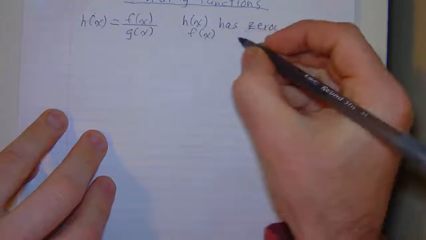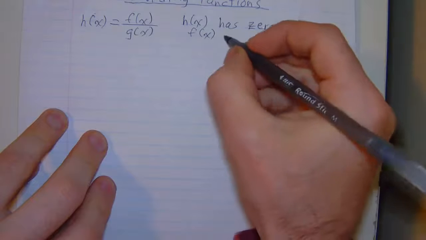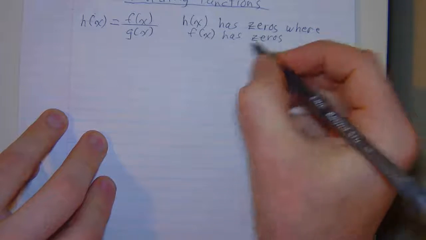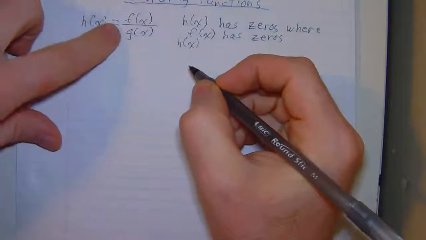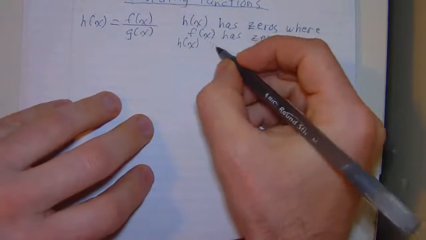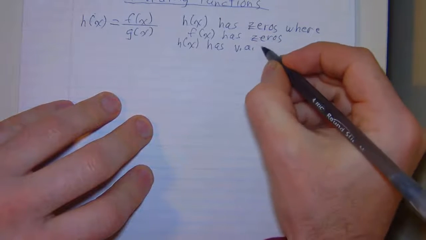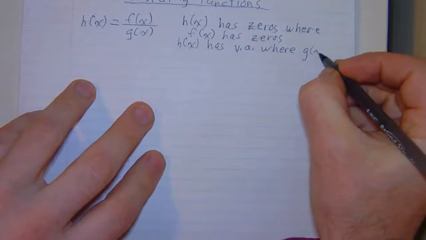So basically, the zeros of the numerator tell you the zeros of the function. And we learned that if we want to find the vertical asymptotes in a rational function, h of x has vertical asymptotes where g of x, the denominator, has zeros.